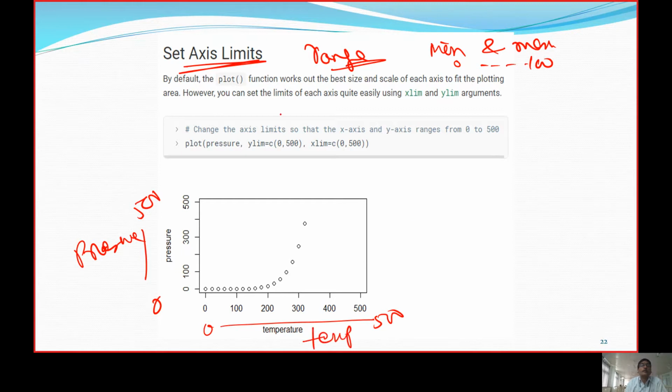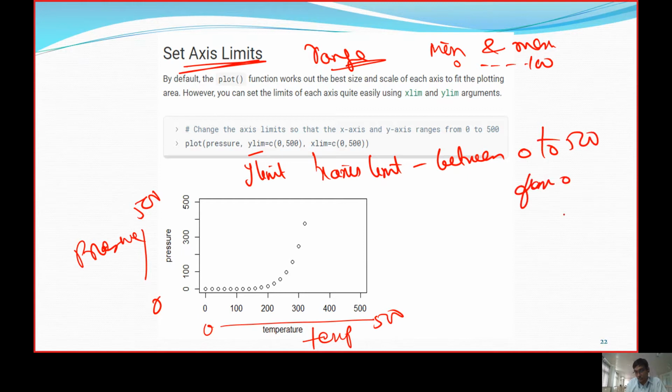So how can I give it? YL, the Y-axis limit, and XL, the X-axis limit, it is between 0 to 500. That is from 0 to 500. So that's how we are pointing it out.